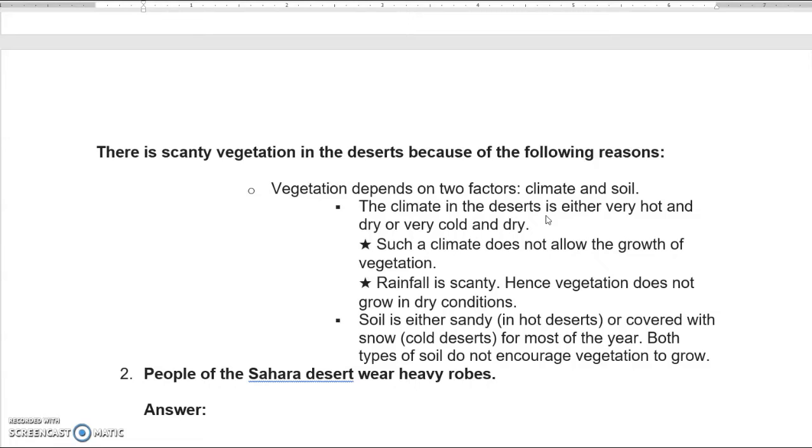This rainfall is very low in these areas. So the vegetation does not grow properly in the dry conditions. Then another one, the soil is either sandy in the hot deserts or covered with snow in cold deserts for most of the year. Both types of soil do not encourage vegetation to grow.